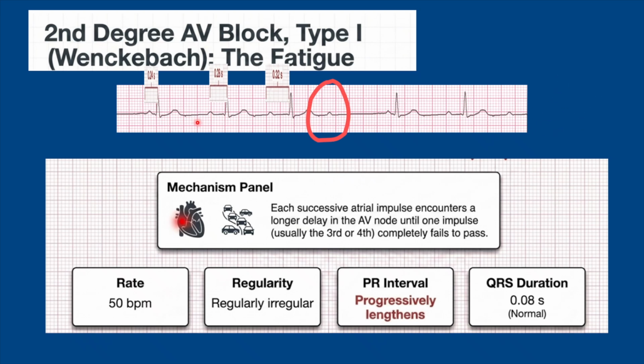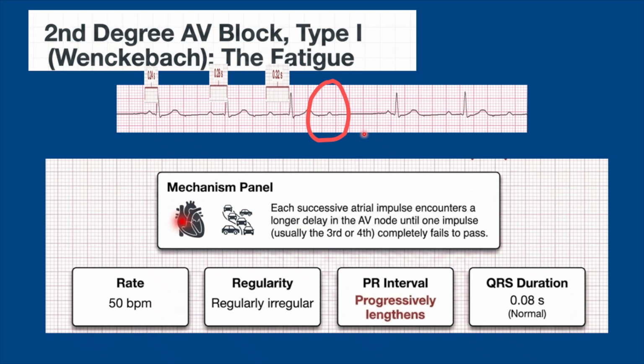So to remember it, imagine that the AV node is like a guard in front of a gate, and it passes the first impulse with slight difficulty, and the second with moderate difficulty, the third one with severe difficulty, and then blocks the fourth one, and so on. So it is characterized by progressive lengthening of the PR interval. So here the PR intervals are not equal.